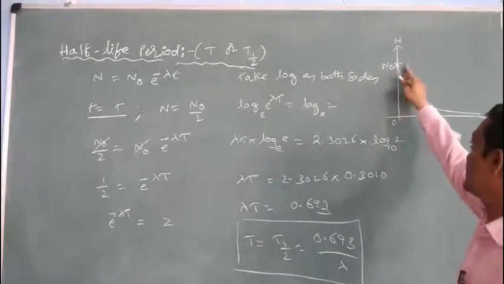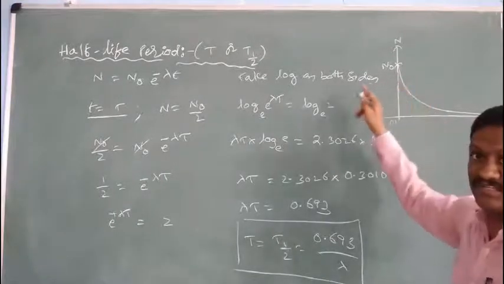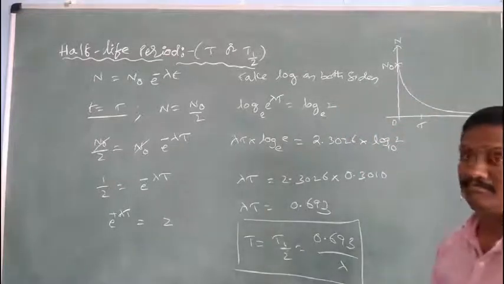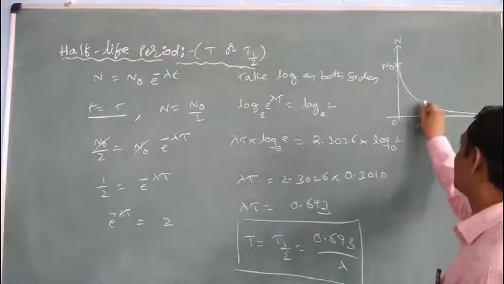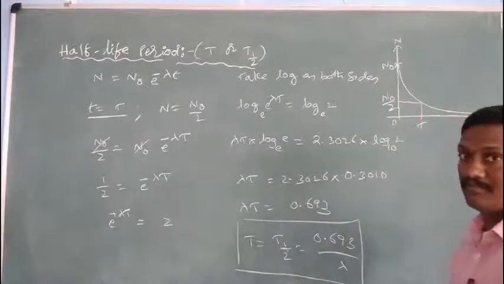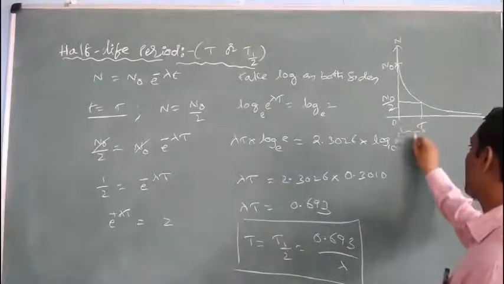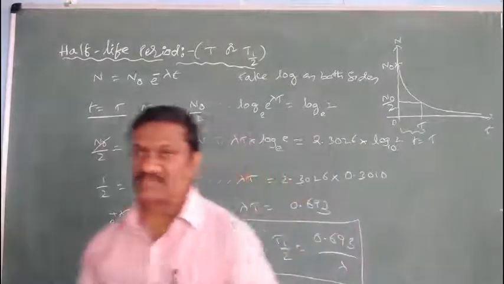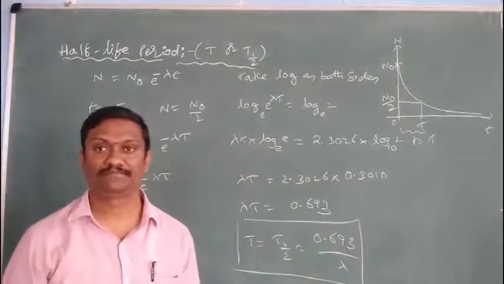So at starting time, the number of atoms is N naught. As time is increased, the number of atoms inside the radioactive substance decreases. At one corresponding time, the number of atoms becomes half. That corresponding time is called the half-life period. That is the expression for half-life period.